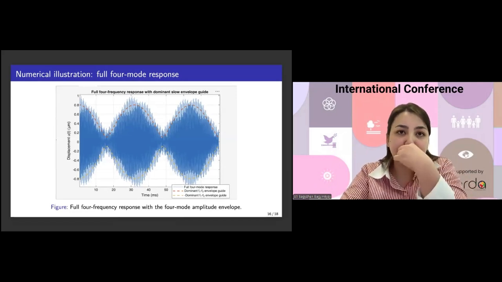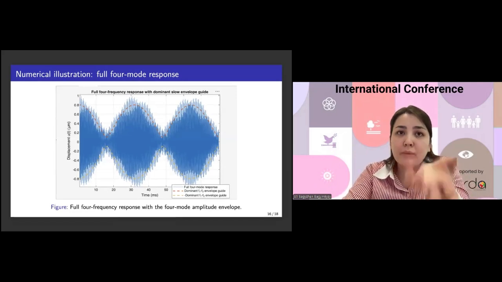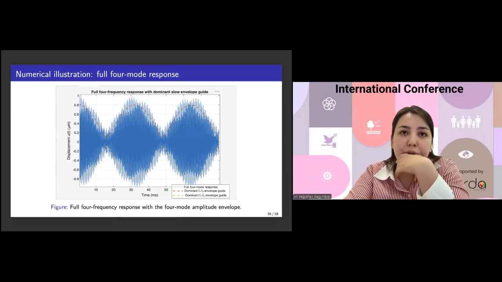Here the numerical graph shows the four frequency response that I mentioned before. If you look here, all four frequencies are shown in this graph.